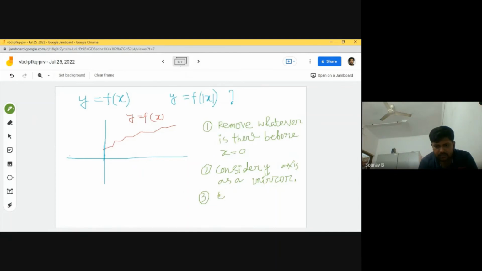Then take the image of, so we can say that it is y equal to f(x) where x greater than 0, with respect to the y-axis.